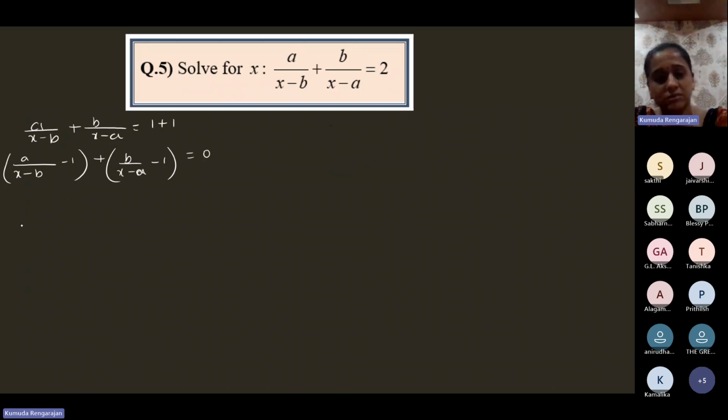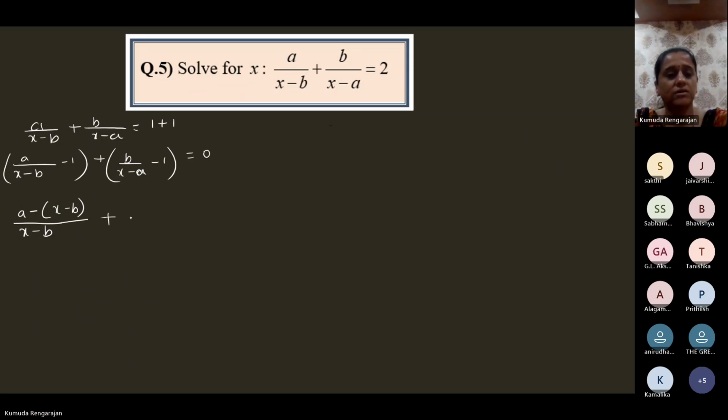A by x minus b plus b by x minus a is equal to 2, which is 1 plus 1. So next step, a by x minus b minus 1 plus b by x minus a minus 1 is equal to 0. What's the LCM? What's the common denominator? x minus b. So numerator? A minus x plus b, correct.